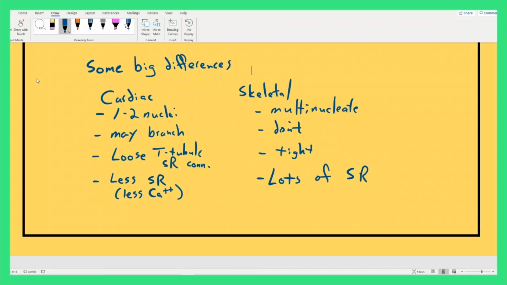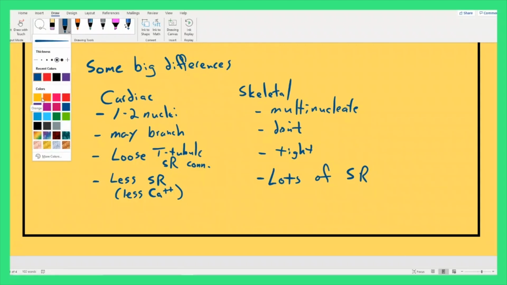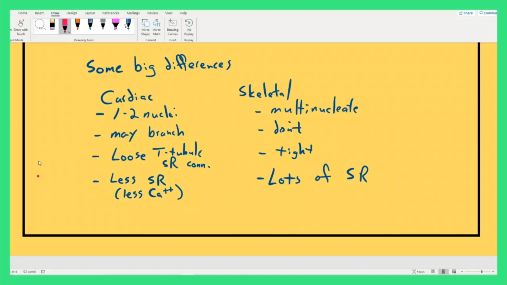Here's an important thing to jot down related to that. I'm even going to change colors, so maybe it'll stand out a little bit in your notes. Let's go with pink.